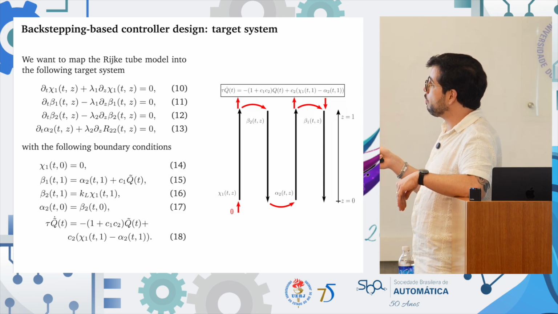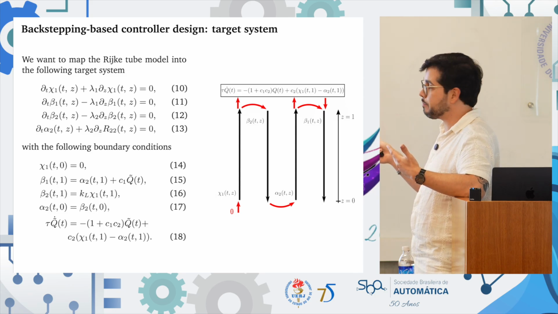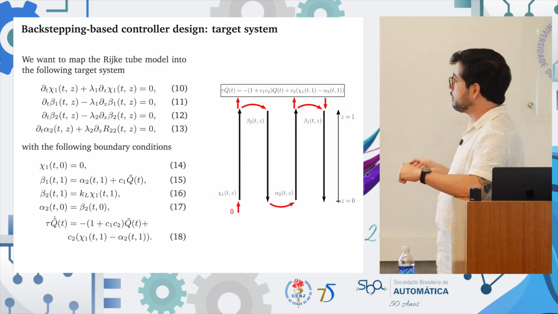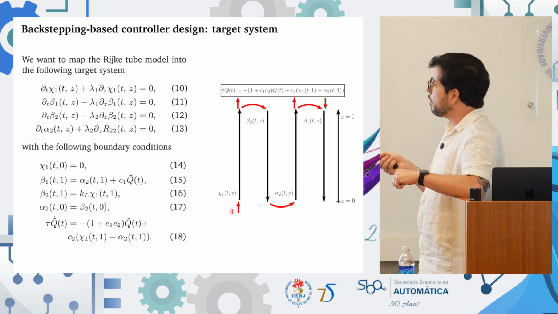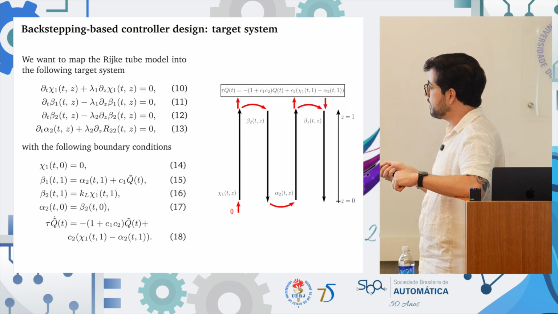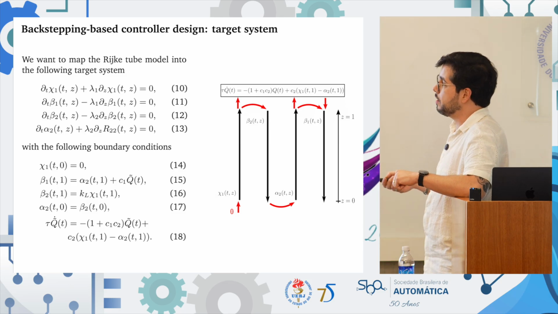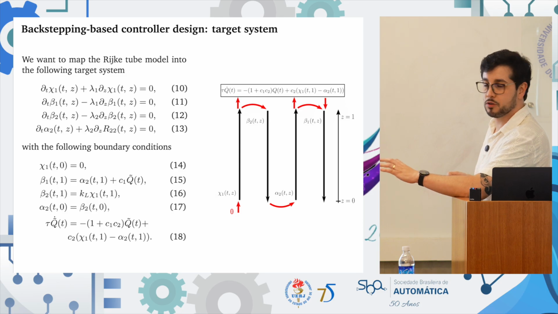So we will have an exponentially stable ODE here, whose state goes to 0, so it will be input-to-state stable. Basically, we only removed some couplings between the ODE and this state, and between this state and this other one. So this is our desired closed loop system.